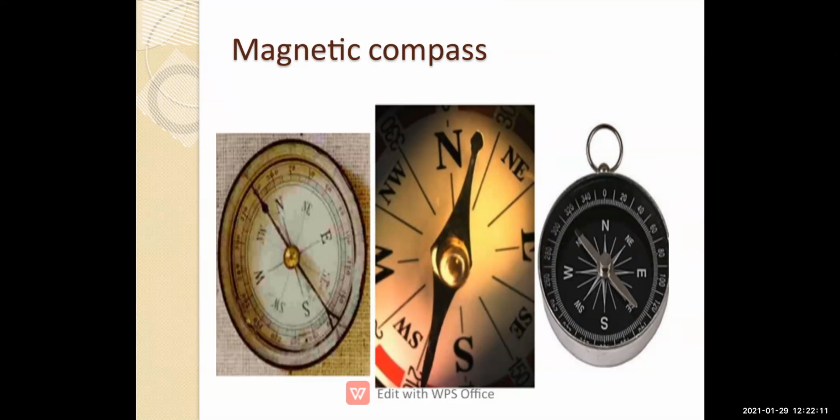And magnetite, as you know, is a natural type of magnet. The person who first came to know that something was getting attracted towards his shoes named that rock magnetite.